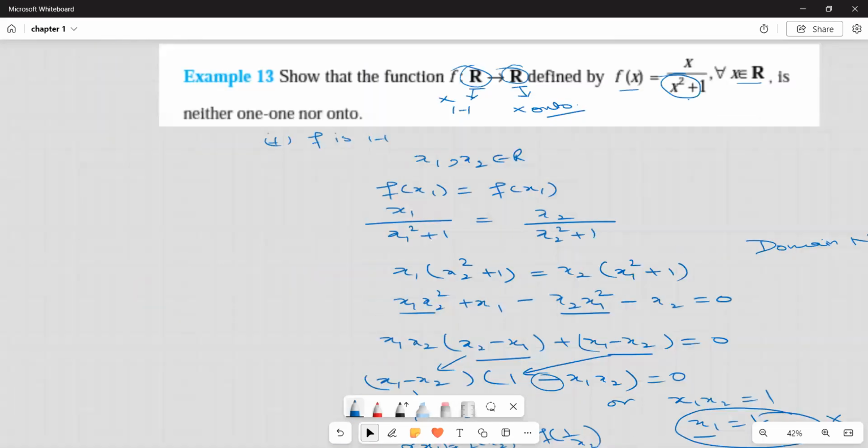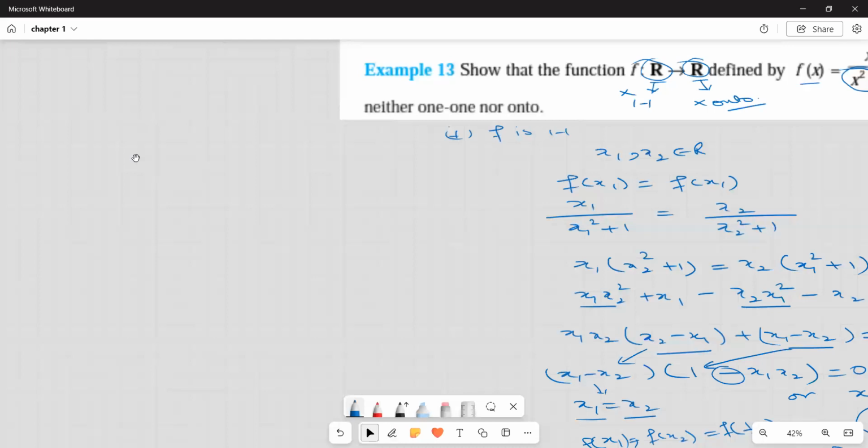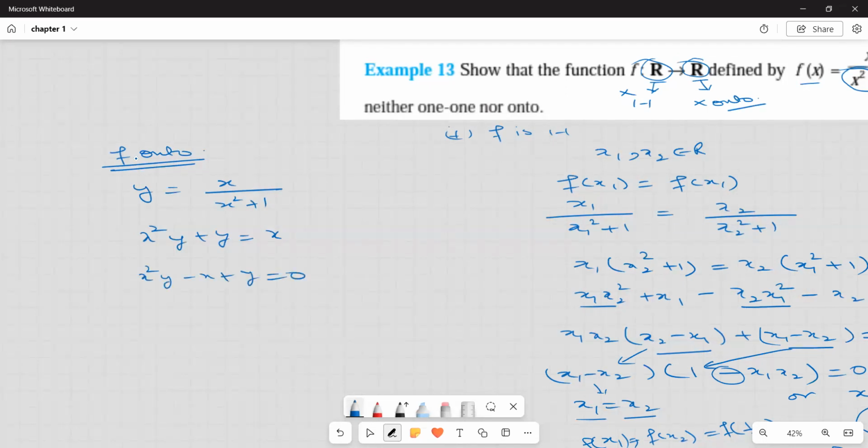Next come to onto. For onto, what will we do? We want to show that f is not onto. So let y equal x upon x square plus 1. Cross multiply: y times x square plus 1 is equal to x. So this is x square y minus x plus y is equal to 0, which is a quadratic in x.